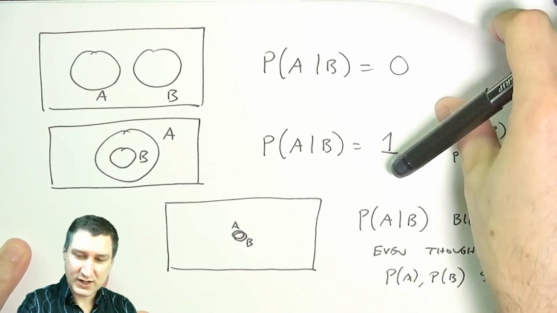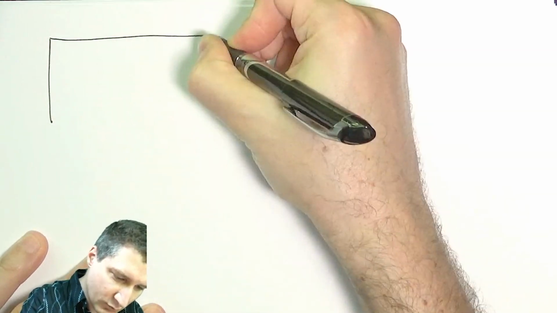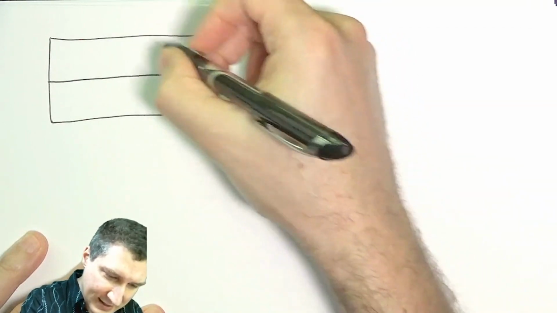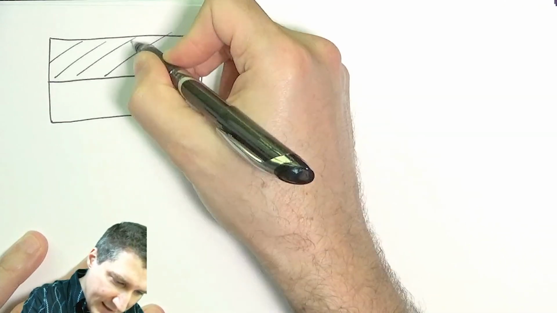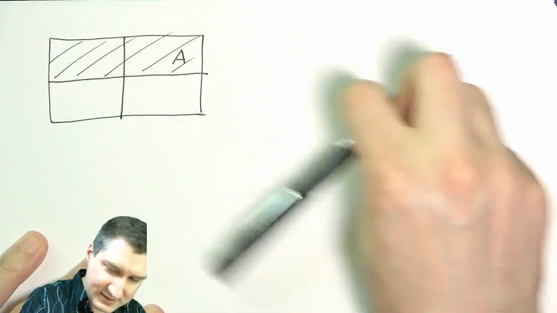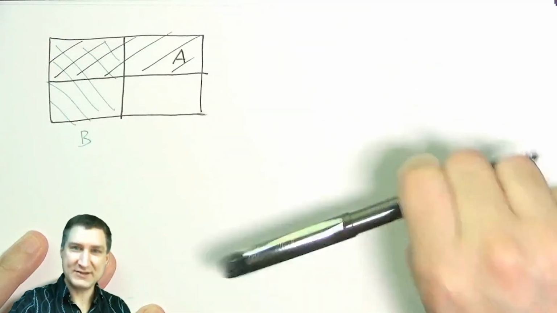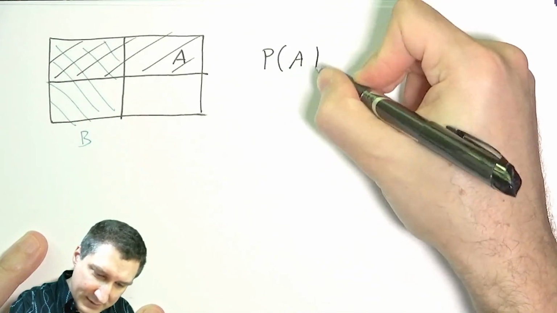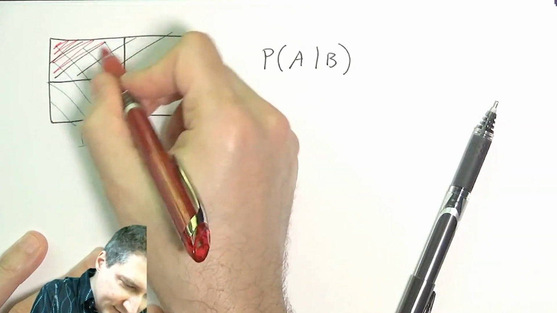Of course, there are cases where seeing B doesn't tell me anything about A. For example, let's suppose that A is the top half of the rectangle, and B is the left half of the rectangle. Now I can ask, what's the probability of A given B? These two intersect in this region.